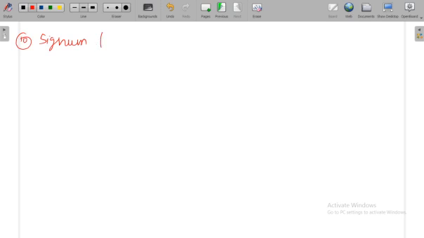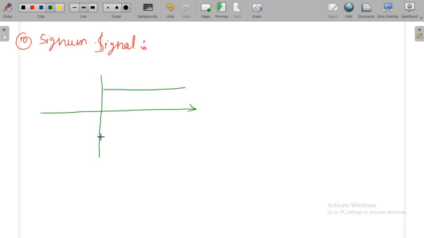Next we will see the signum function, the signum signal. It is similar to the step function, but the step value is 1 for positive t, and the step value is negative for negative t.